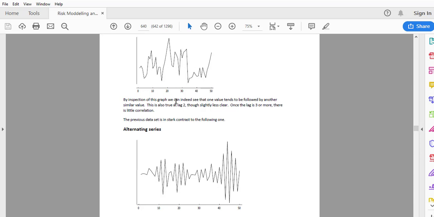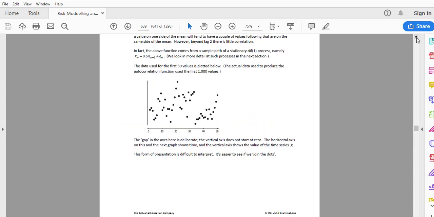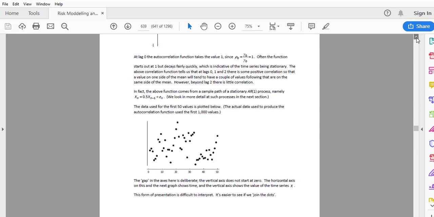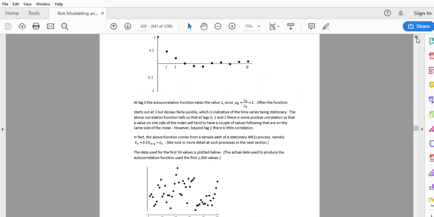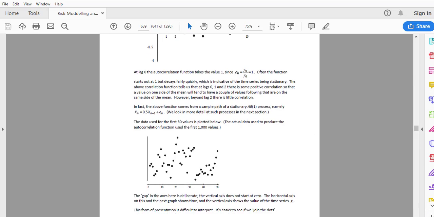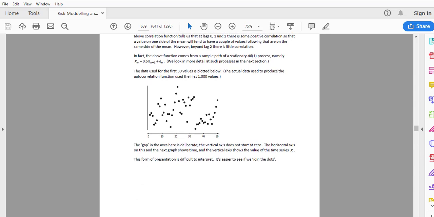The pattern is that every value is somewhat related to its previous value, and there is no relationship further. Maybe I observed this graph wrong here. They are considering that at lag 1 there is some relationship, but beyond lag 2 there is no relationship, right? So we were correct. Okay, fine.